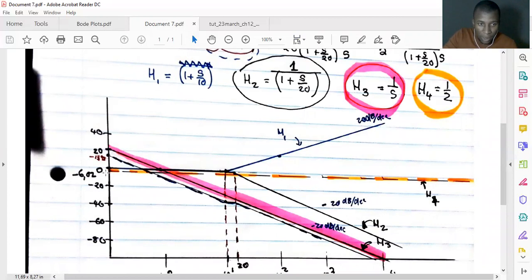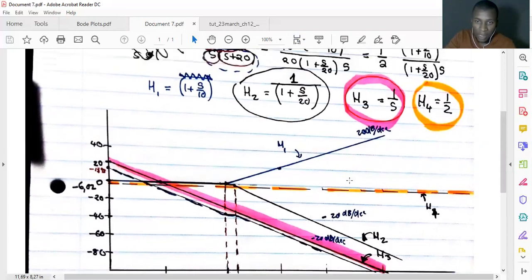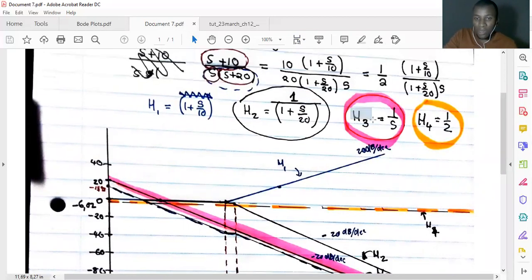So we said it's going to go from 0 till 20, right? And it's going to decrease at negative 20 decibels per decade, right? So that was quite straightforward. So we just had to draw 0, 20, and then negative 20 decibels per decade. So we go to the third transfer function.